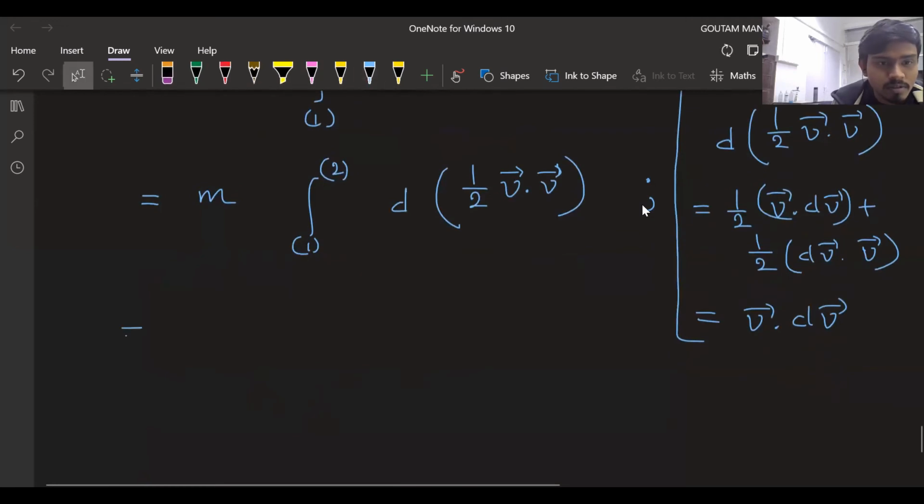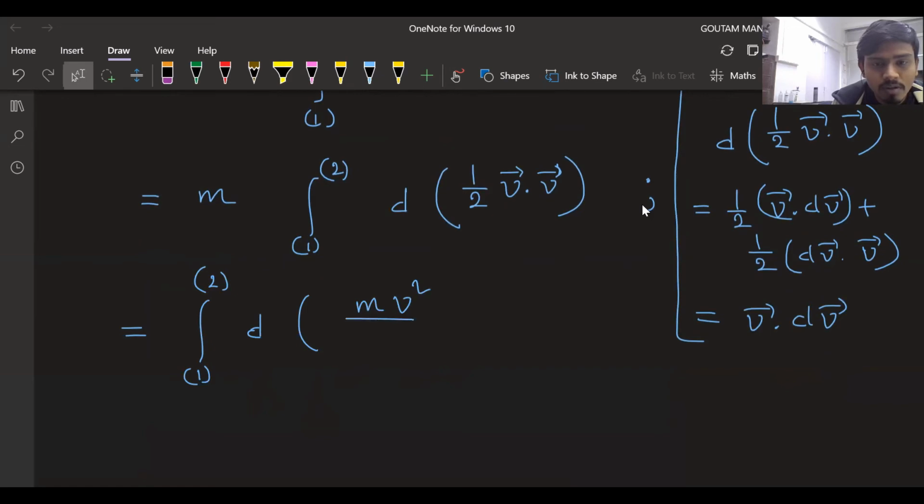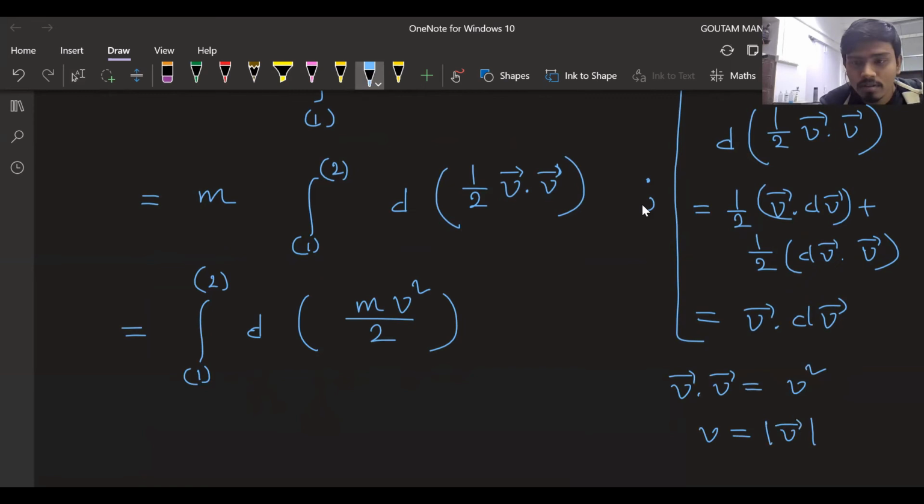So we can also write it from 1 to 2, taking m inside, as d of (m v square by 2), where v dot v is basically v square, and v is the magnitude of the velocity, the modulus of velocity.